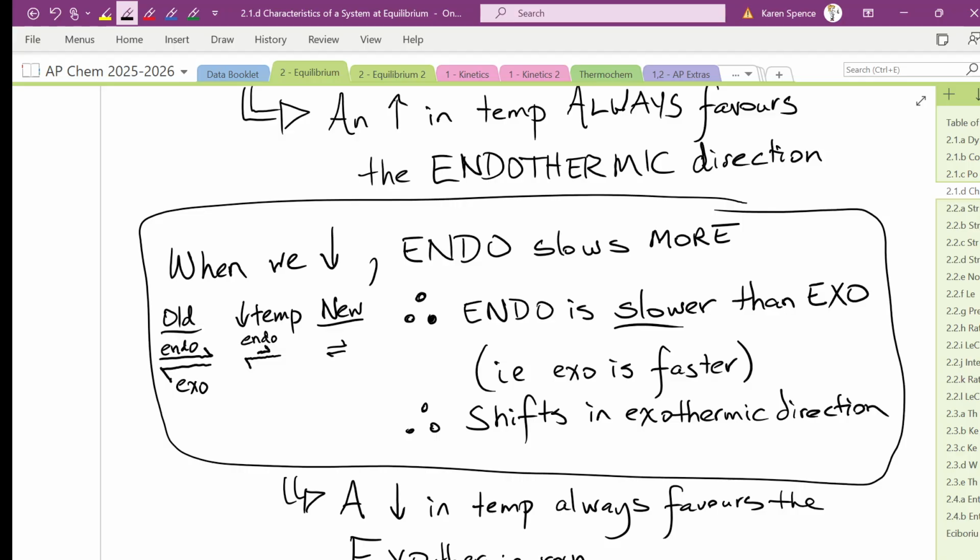No. But if you're asked to explain in LeChatelier's principle, you can say, if I decrease the temperature, the system will shift to release heat to bring the temperature back up. That is LeChatelier's principle. We decreased the temperature, now the reaction is going to shift to increase the temperature.